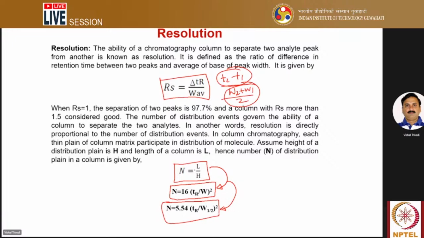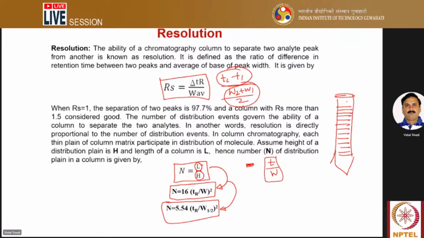But if you integrate the length, if you consider the length, then you can consider that on every distribution plane there could be a molecule sitting, and that's why if you want to express this information like L by H, you can also express it in terms of T and W. Imagine you have a column like this, with distribution planes throughout from top to bottom.